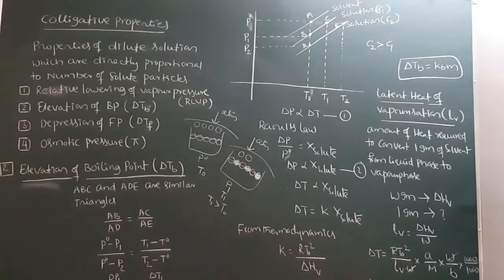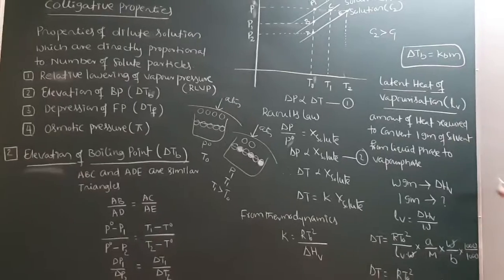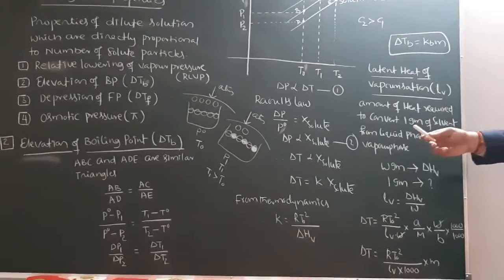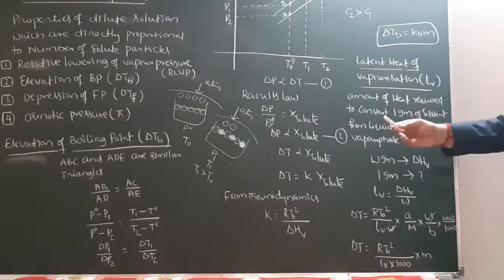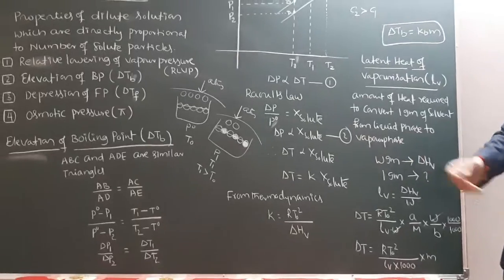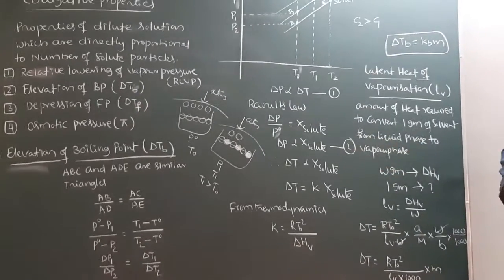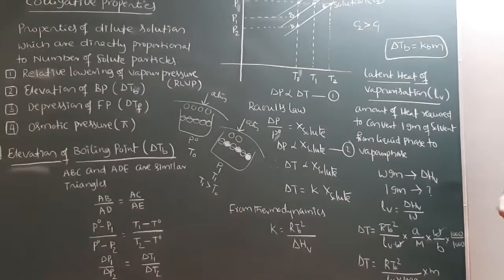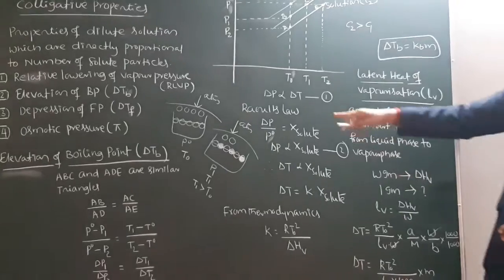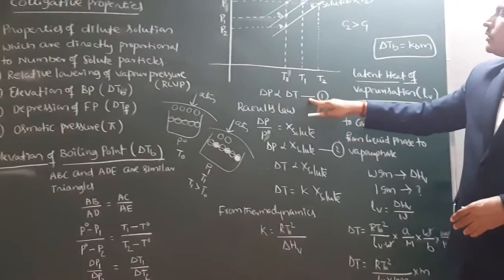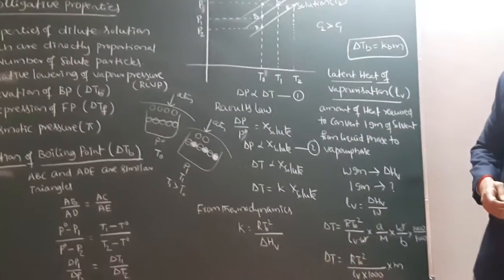Therefore, P naught minus P1 is delta P1, P naught minus P2 is delta P2, T1 minus T naught is delta T1, and T2 minus T naught is delta T2. From that relation, it is clear that delta P is directly proportional to delta T. This is equation number 1.